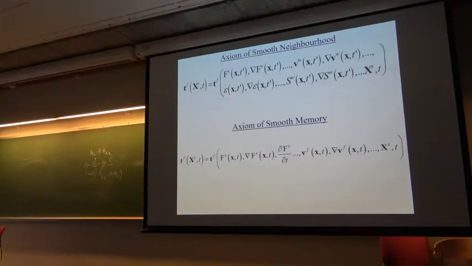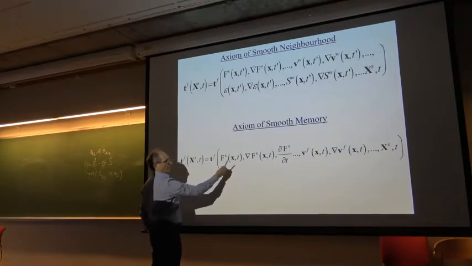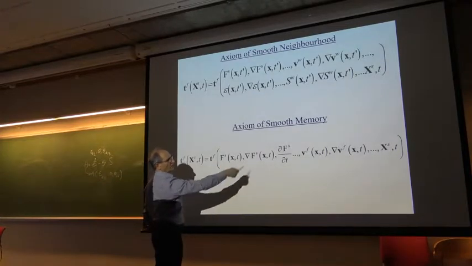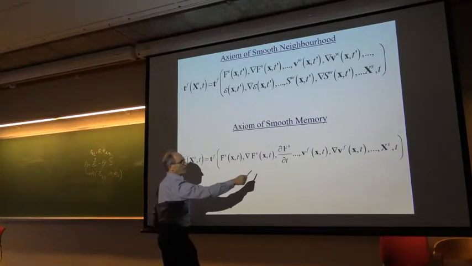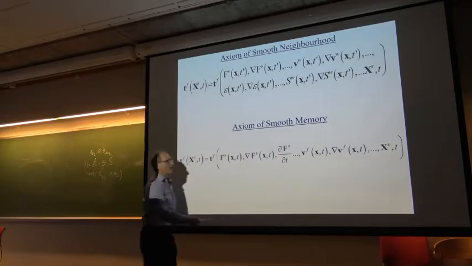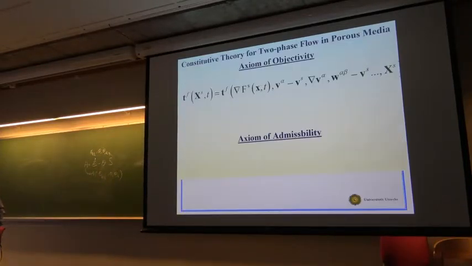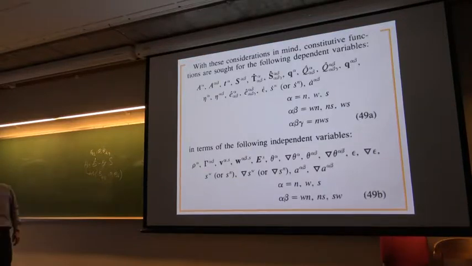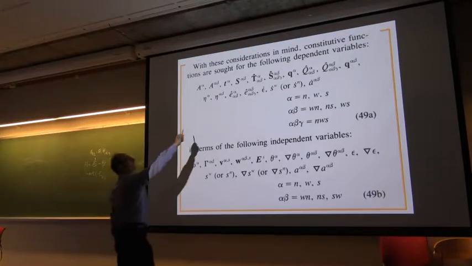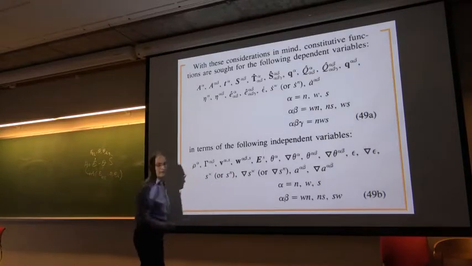That means, as you know, it gets rid of the dependence on spatial position, and dependence on T is not allowed. For the velocities, only the relative velocities are allowed. And you get a few of these, and now these are my set of dependent variables and a set of independent variables.